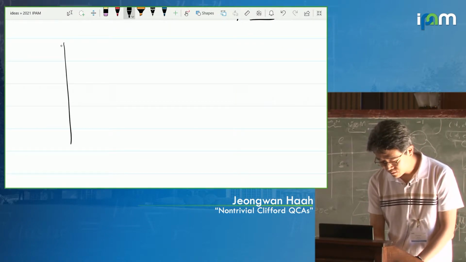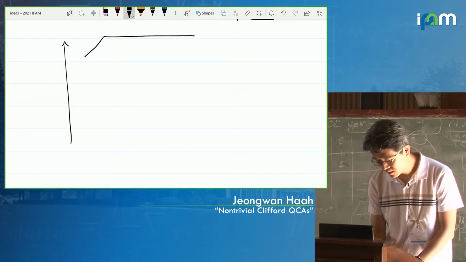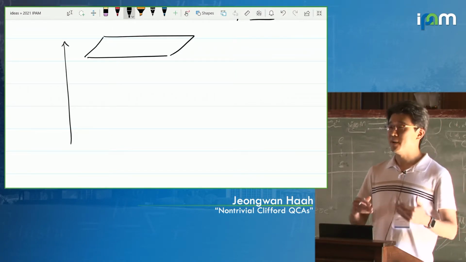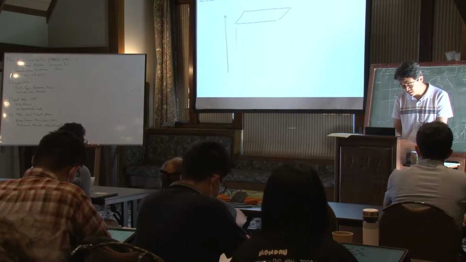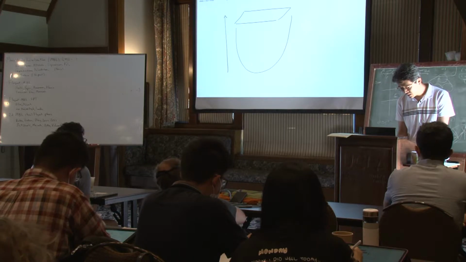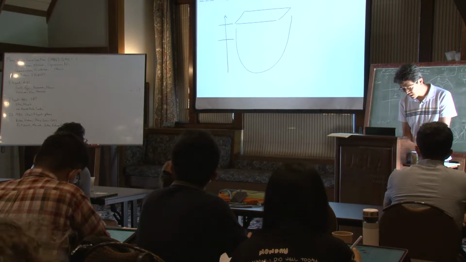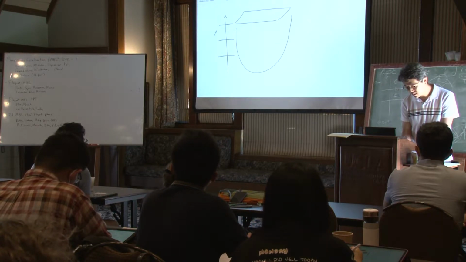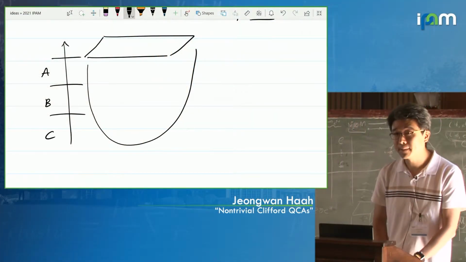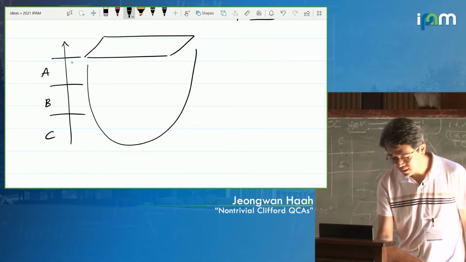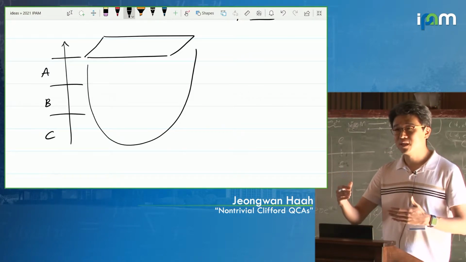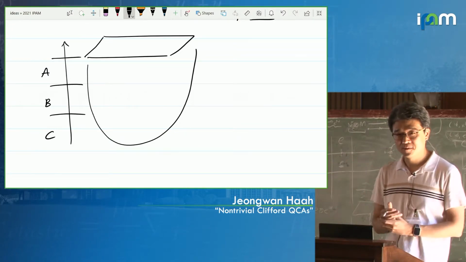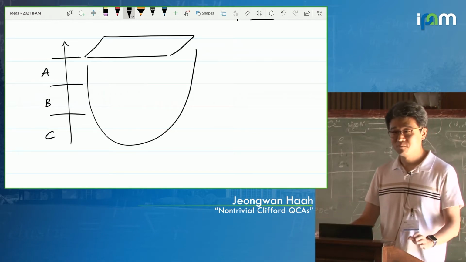Now I'm going to consider the boundary, because the boundary is the only interesting piece in this discussion of the Walker Wang model. And I'm going to introduce, say, three pieces, A, B, and C. The size of A, B, C are somewhat arbitrary, but sufficiently larger than each term's range. Maybe 10 times larger, but that should be enough.